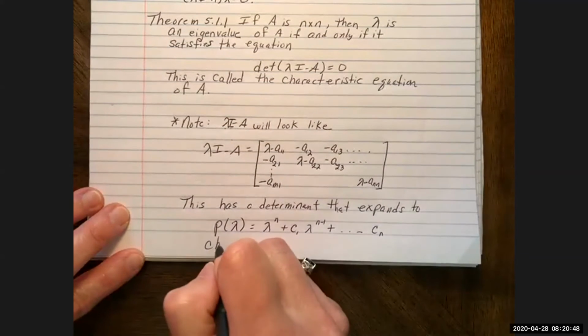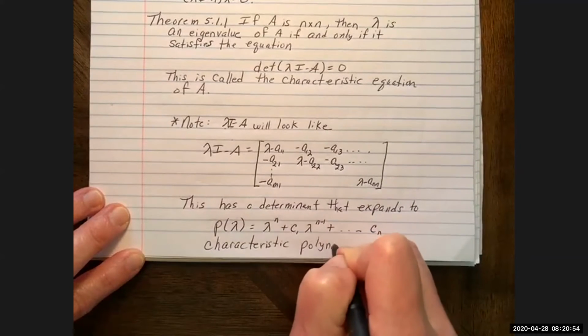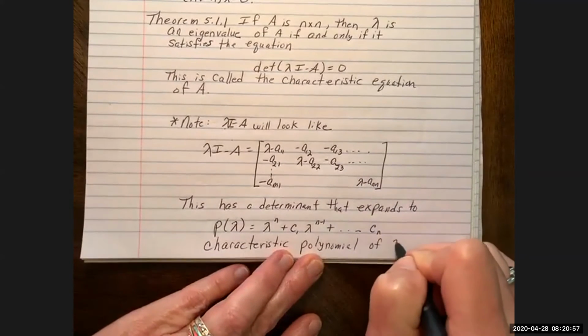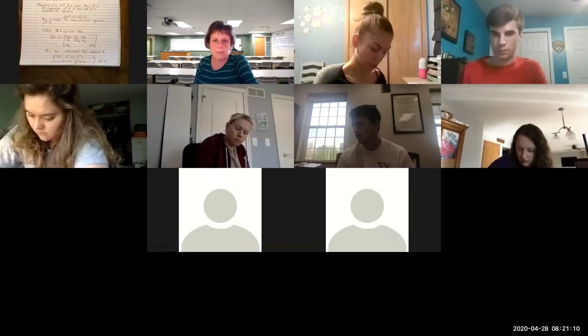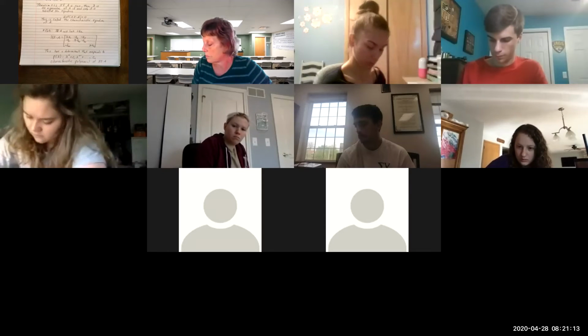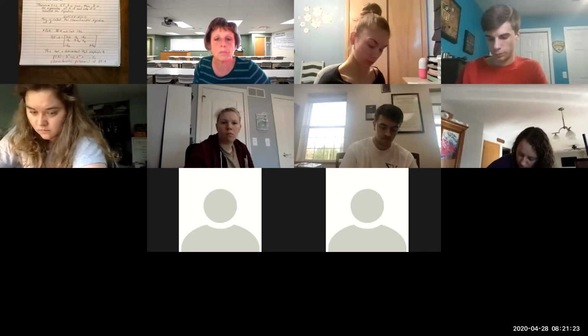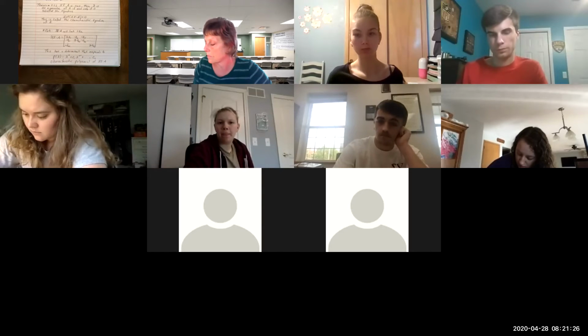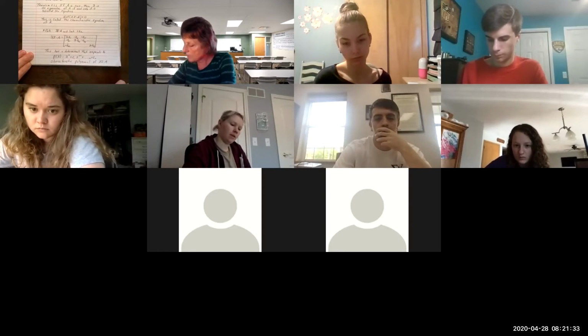This is called the characteristic polynomial. Is that negative c with the subscript n? That's just supposed to be a dot. We'll say plus c sub n. Does that help?